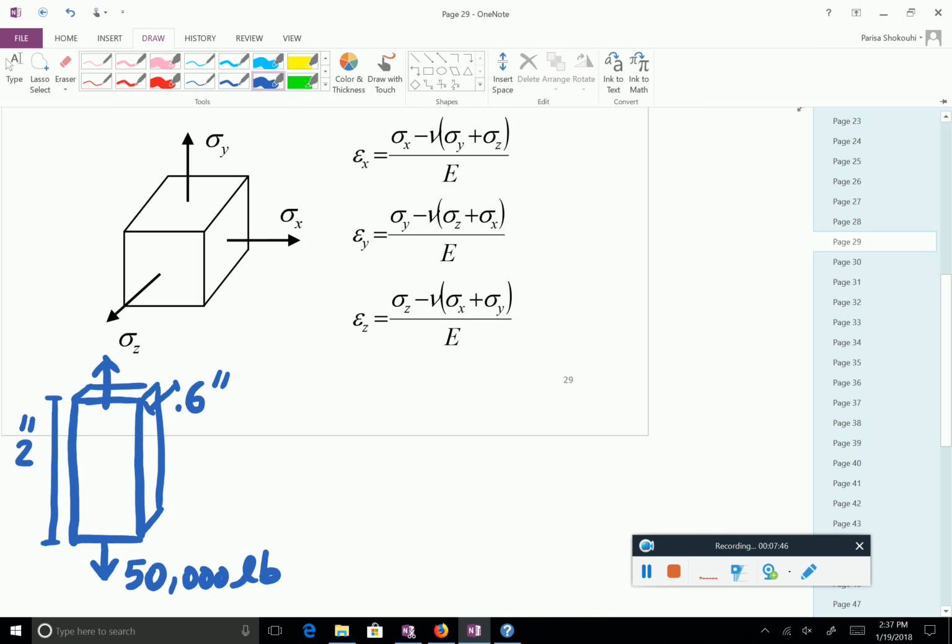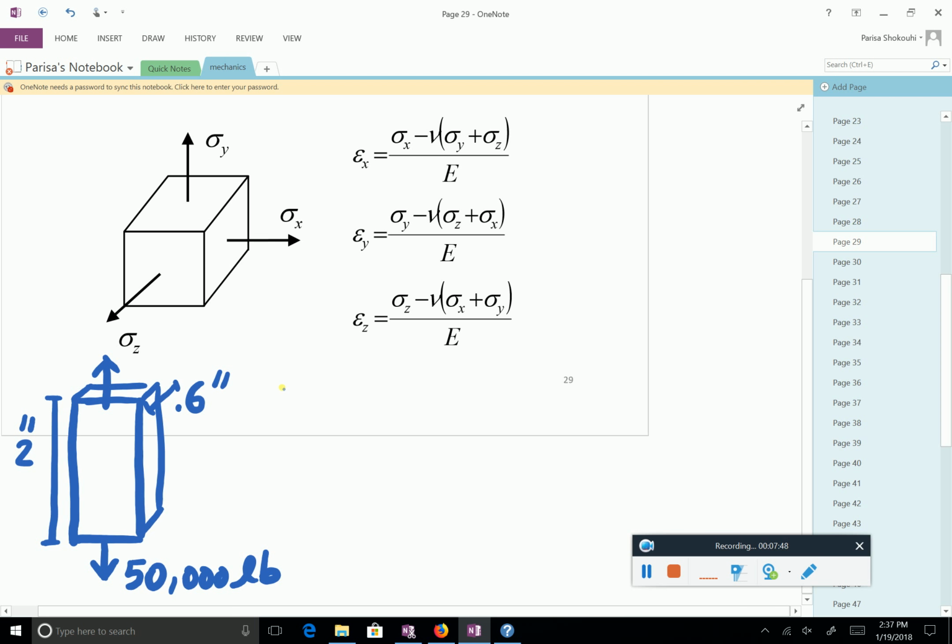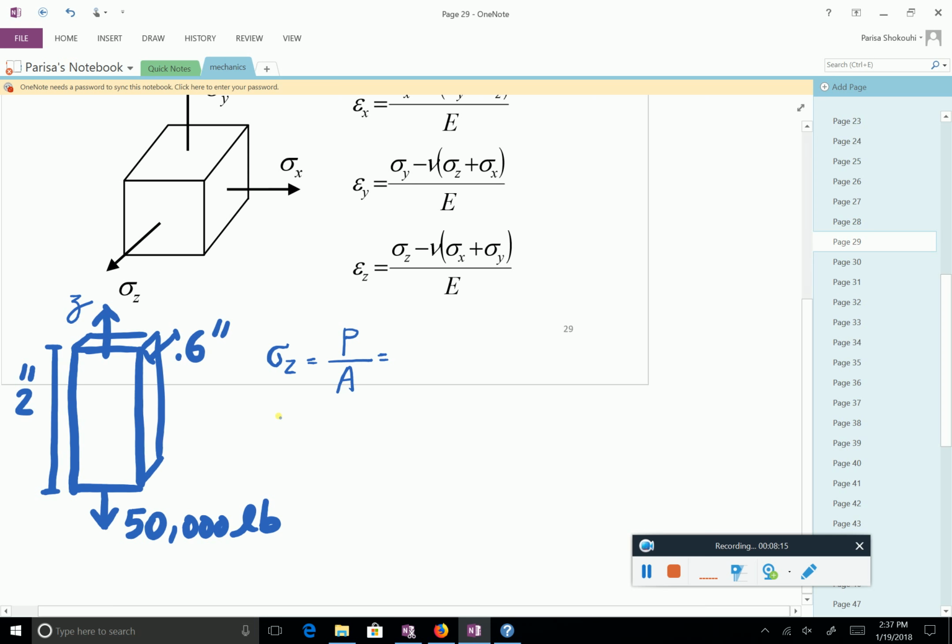Well, to get us started, I suggest that we calculate the stress. Let's say we call this the z direction. It can be x or y, doesn't matter. We calculate sigma z. It's just the force divided by the area. Once you have the stress, calculate the strain. Remember the definition from last time.